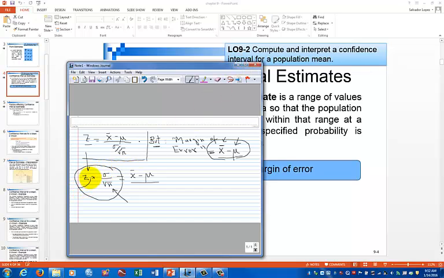The z value here is determined by the level of confidence. And this is the standard error of the mean, or the standard deviation of the sample means. The two together, once we multiply the two elements, we get the margin of error.